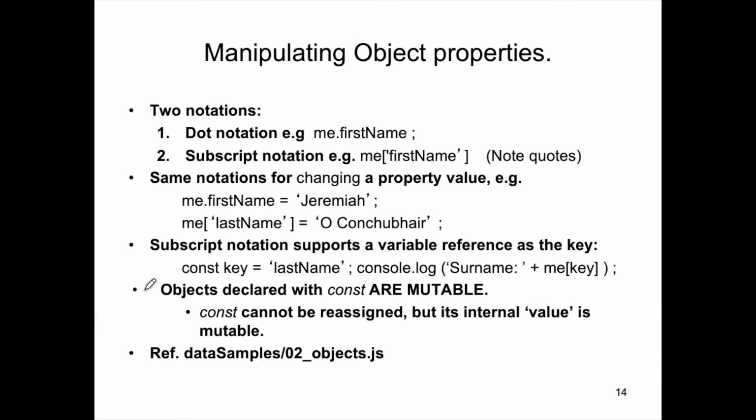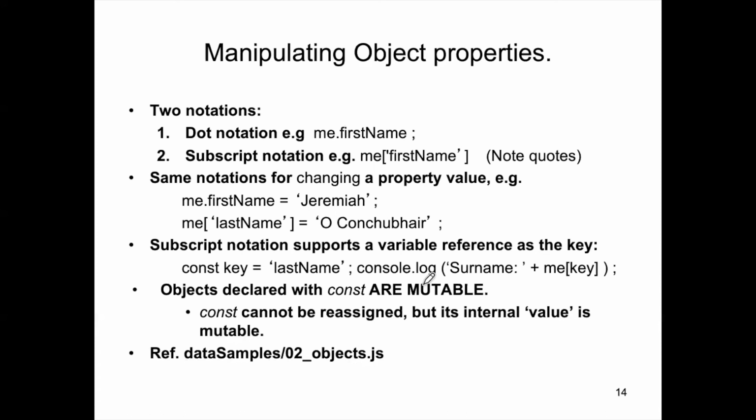Next, objects declared with const. This is the gotcha with const. What am I saying? I'm saying objects declared with const are mutable. Mutable means that the internals of the object can change. Now that kind of contradicts what I said about const earlier on. I said that if you declare a variable with const, you cannot reassign it a new value.